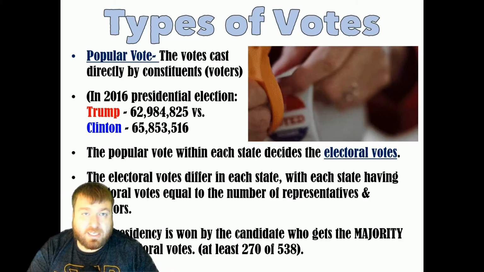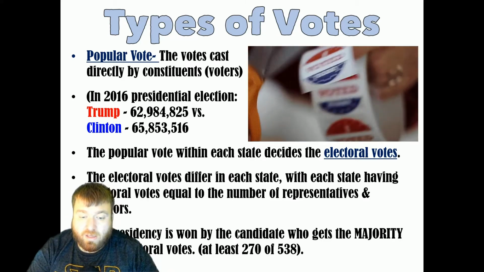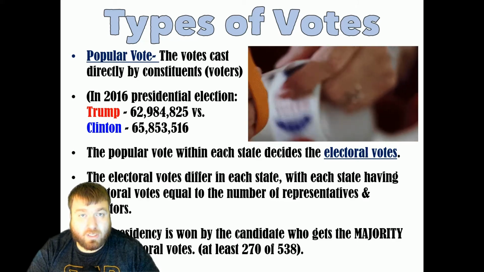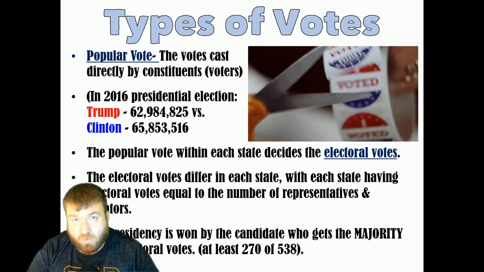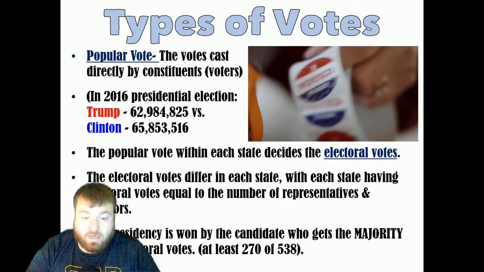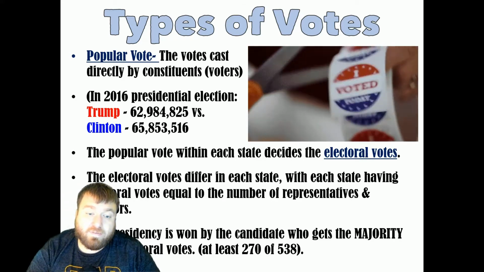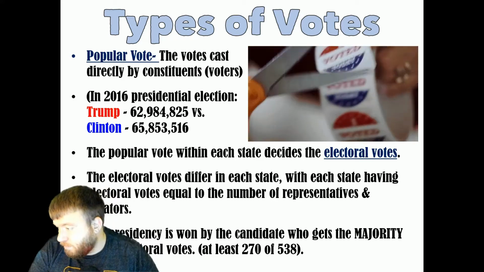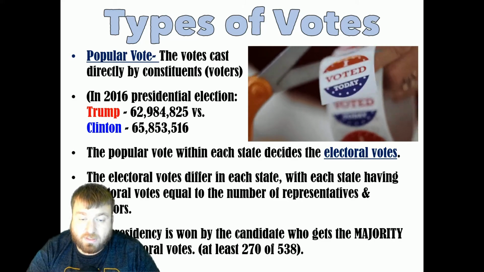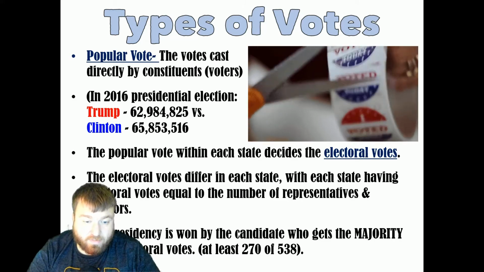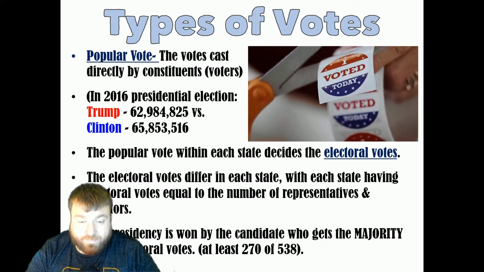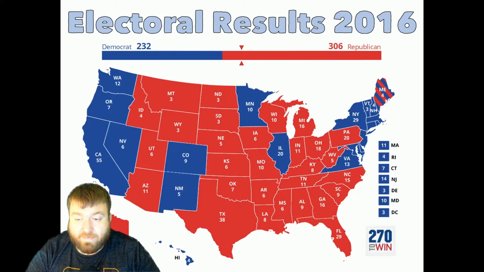If all of the states haven't been decided by then, once a candidate gets 270 votes, the rest of the votes don't matter. If another candidate takes all the rest of the votes, they're not going to get more than 270. So that is why 270 is the key number.